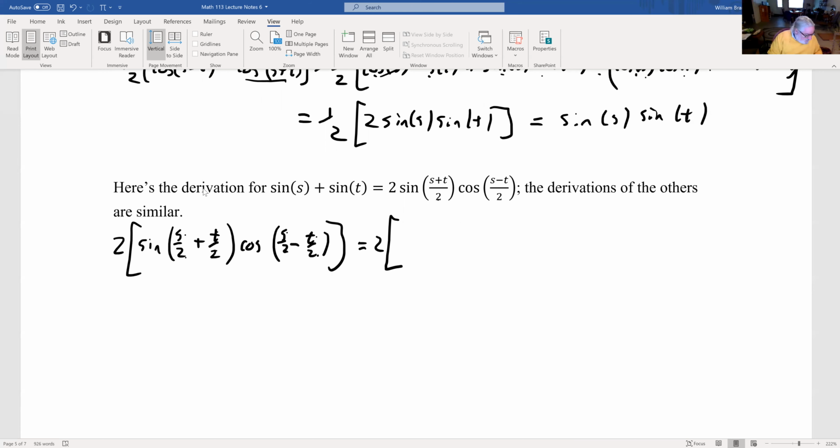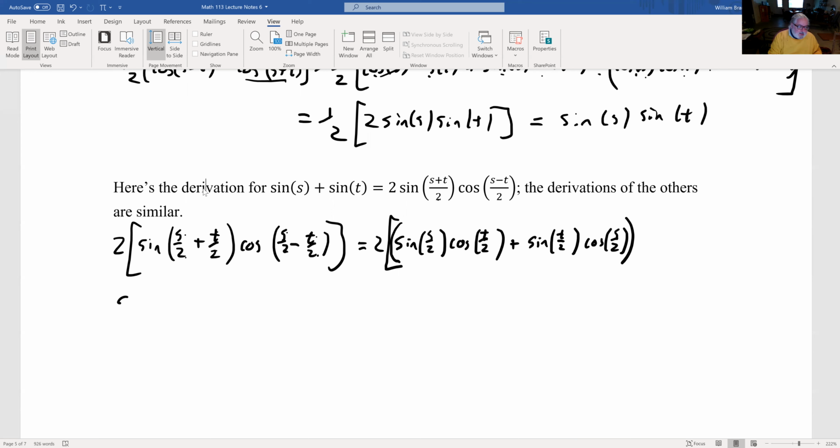That's going to be sine of, oh, we're going to need parentheses here, sine of S over 2 times cosine of T over 2 plus sine of T over 2 times cosine of S over 2. And so that's my sine of S over 2 plus T over 2.